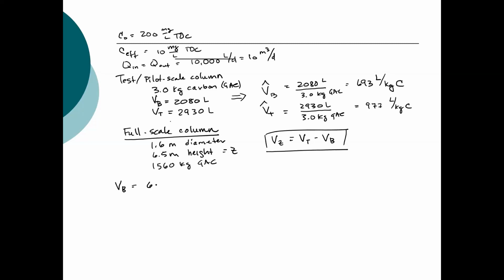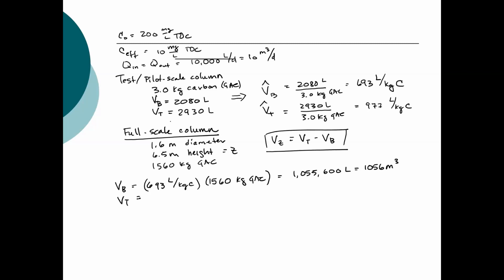That is equal to the specific volume to breakthrough times the mass of GAC, and that is equal to about 1,055,600 liters, or 1,056 cubic meters.